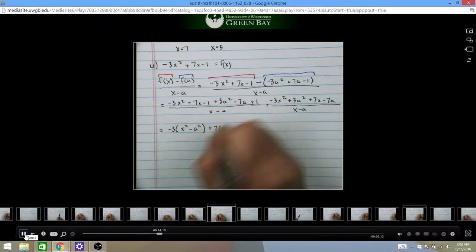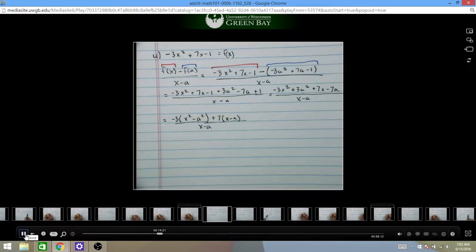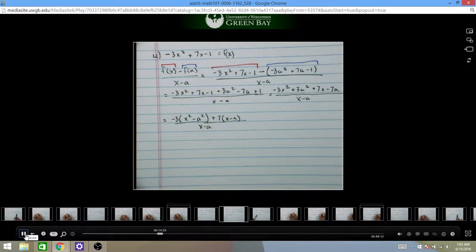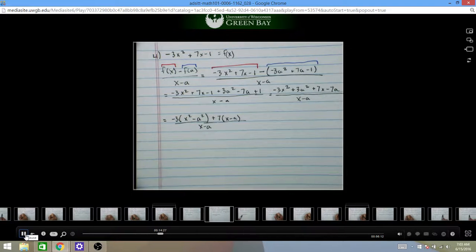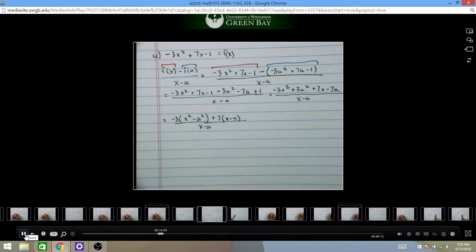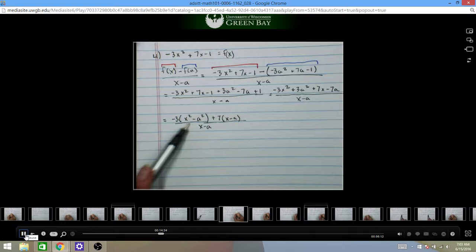So when you do that, when you factor out a negative, then you have positive x squared minus a squared, and that can be factored again. So we want to factor by grouping, but right now these two factors are not the same, so you can't factor them out. But if we keep factoring this x squared minus a squared, then we can keep going.